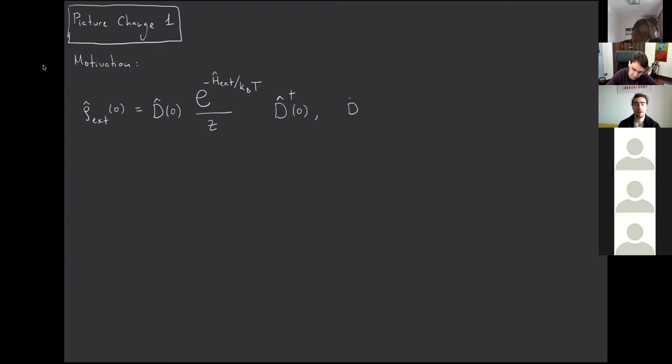And this displacement is just the form of the displacement that you know that for any mode of frequency omega, we simply allow that it is displaced by a quantity alpha of omega. And then we get this displacement operator, multimode displacement operator.